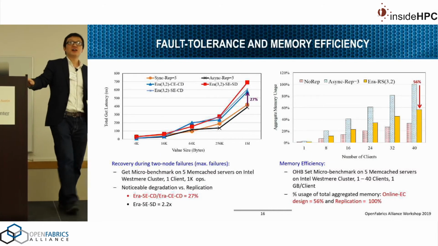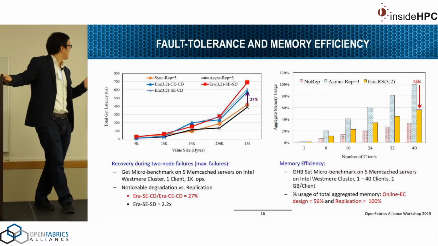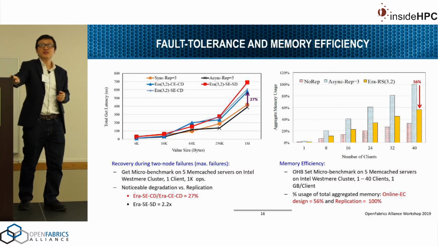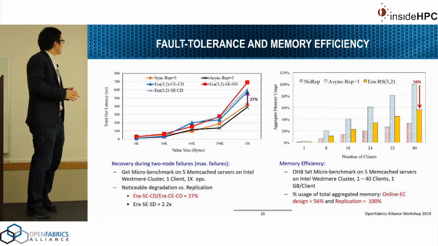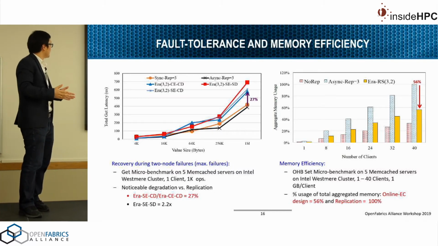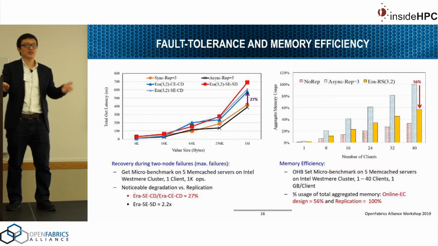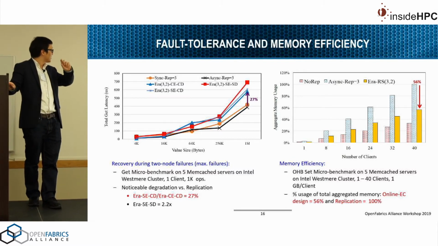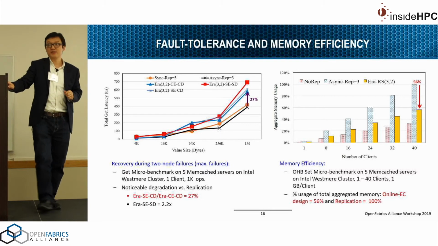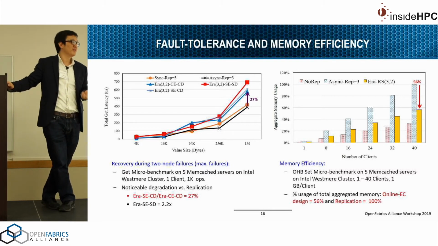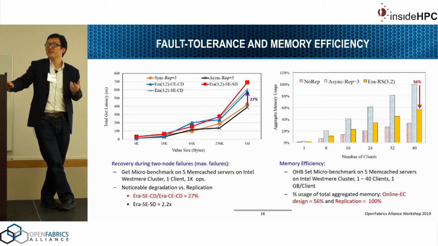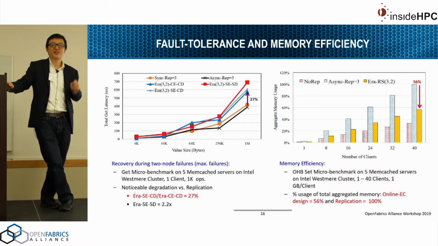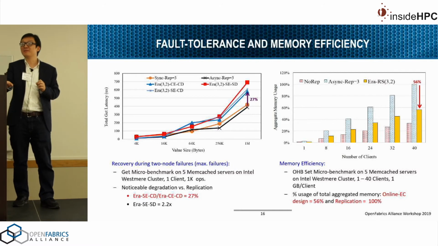Now let's take a look at the recovery as well as the memory efficiency perspective. When some data gets lost, you have to pay the penalty of decoding, because decoding is very time-consuming. With our design, we are almost close to asynchronous replication. For read, unless you have a magic decoding approach with zero overhead, it's very hard to beat the replication-based scheme, right?